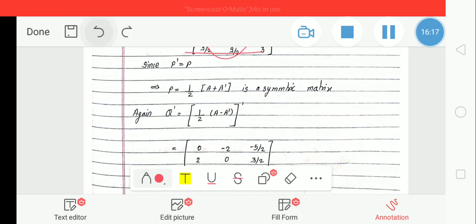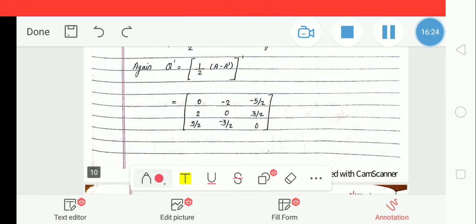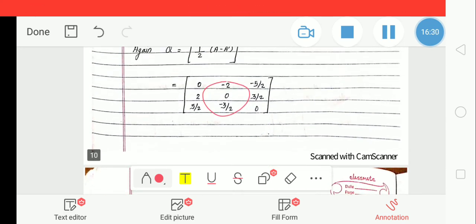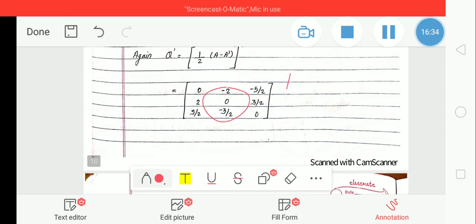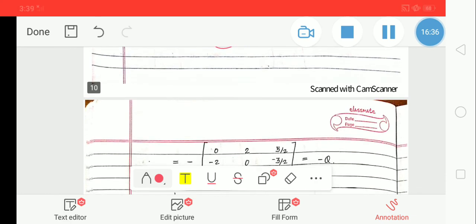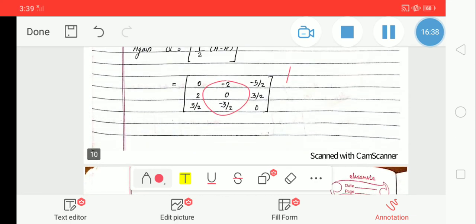Now again Q dash is equal to half of (A minus A dash) whole dash. We put here the value from equation number 2. Now this is A dash, so we interchange row and column. We get this matrix. Now the minus sign is common outside of this matrix.